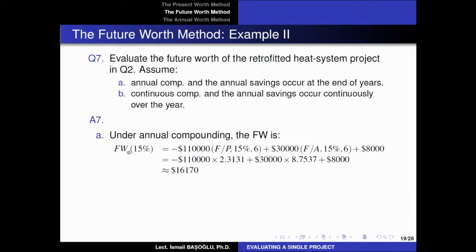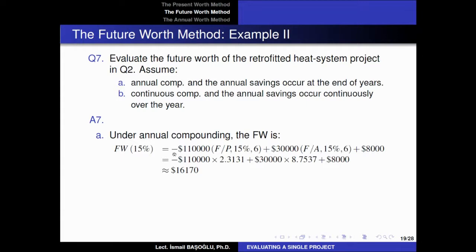So we are going to calculate the future worth under 15% nominal interest rate, where the compounding occurs annually, again, annual compounding. And this $30,000 saving is going to be made at the end of the first year.